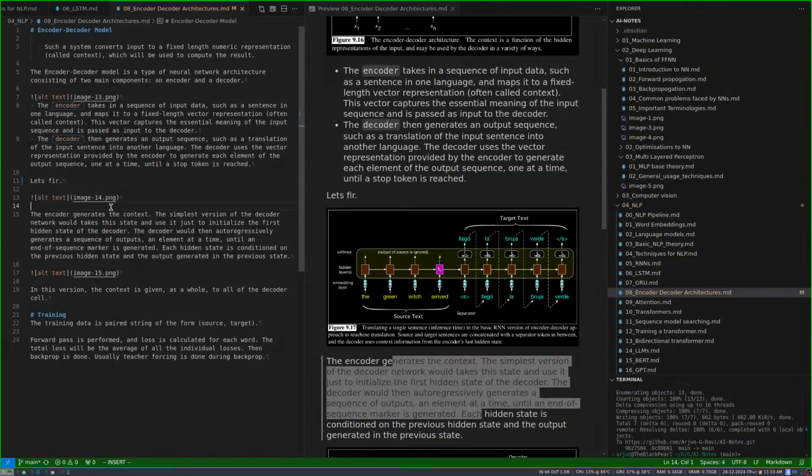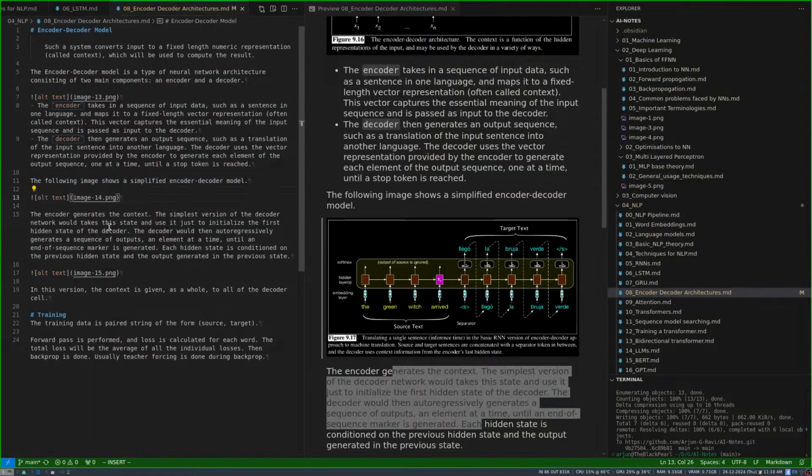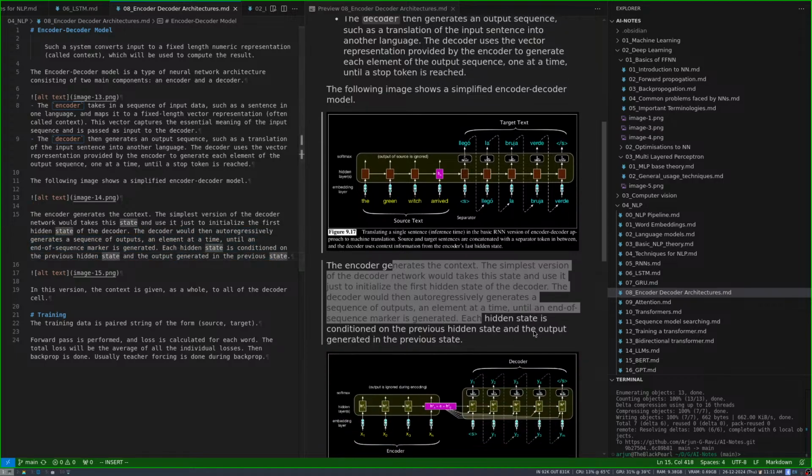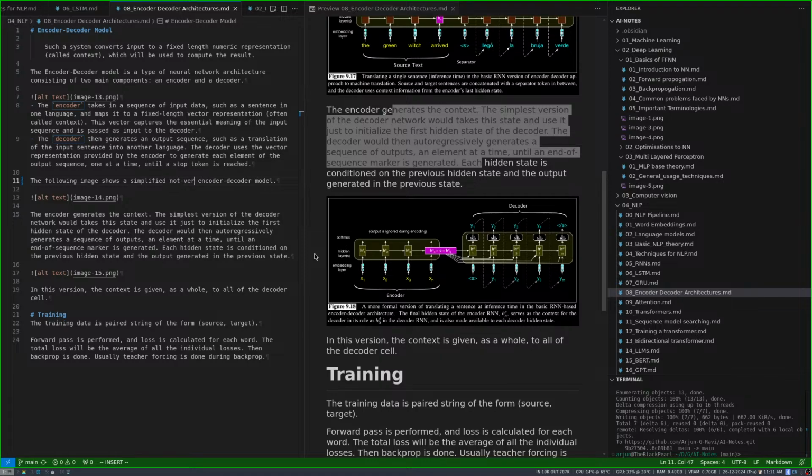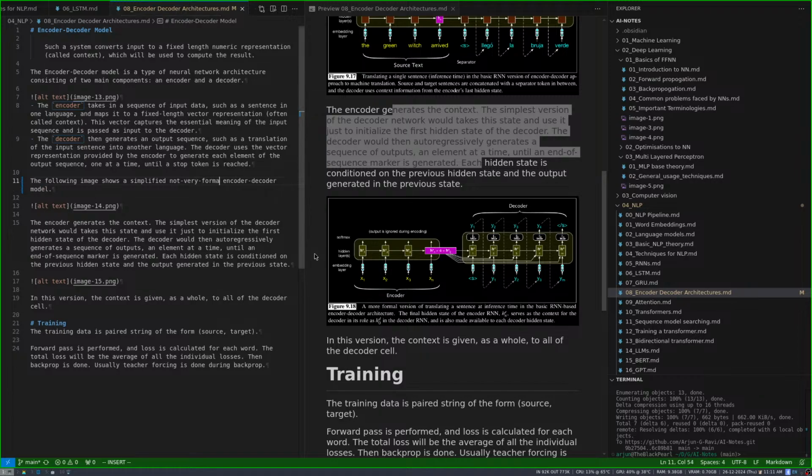Okay, so the encoder generates context. The simplest version of the decoder would take the state to the first hidden. The decoder would then auto-regressively generate a sequence of objects. This is a simplified, not very formal, encoder decoder model.